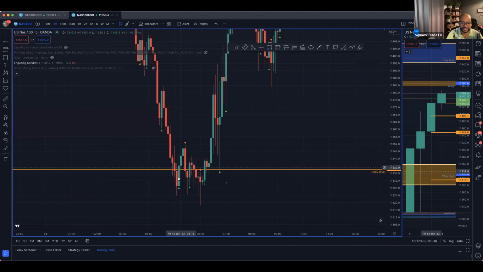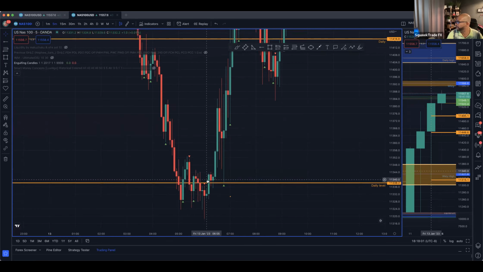Price started to stagnate. It started to slow down, and it started to consolidate. It didn't look like it was making any more move. And as it started to approach New York, where I knew a lot of volume was coming in, I used that as an opportunity for entry.